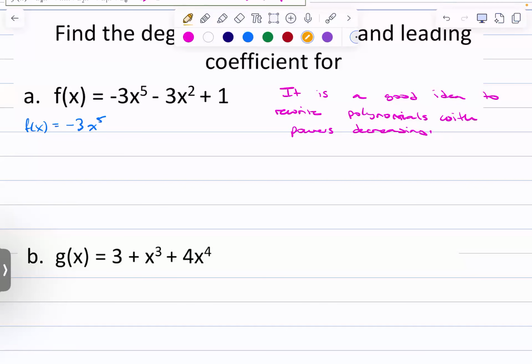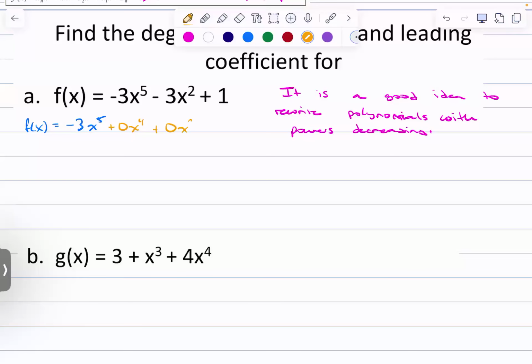What's not showing is that we have x to the 4, x to the 3. We do have an x to the 2. And then I don't have an x to the 1, but I do have an x to the 0, right? So technically what's in here is plus 0x to the 4, because those coefficients are allowed to be 0, right? And that's how we make them kind of disappear.